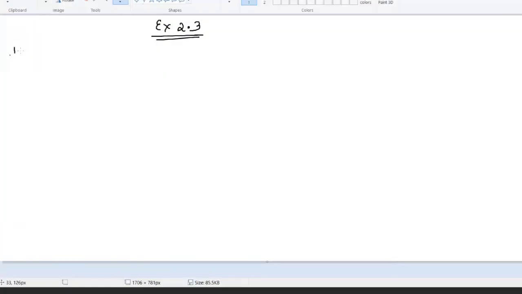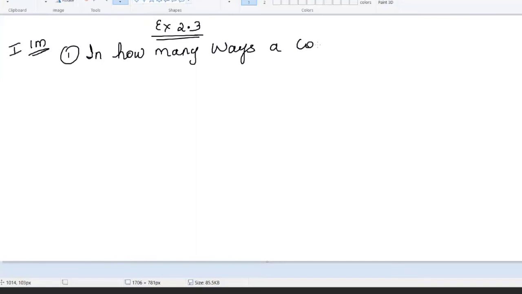Now, the 1 mark questions. First question: in how many ways can a committee of 5 be chosen from 10 students?